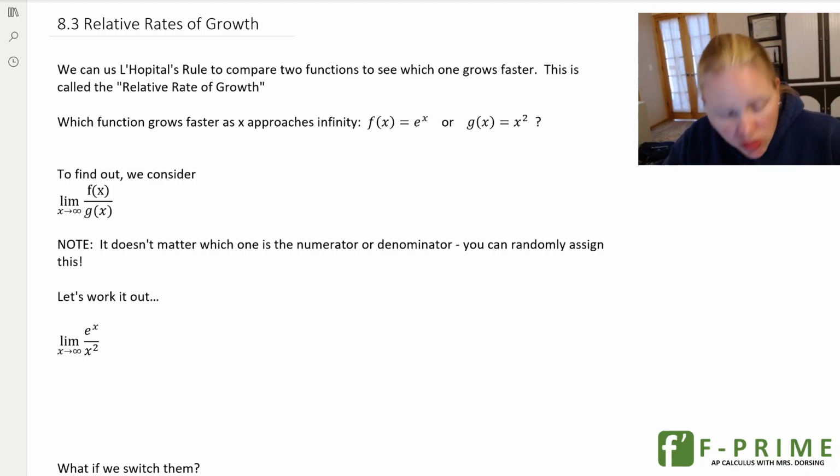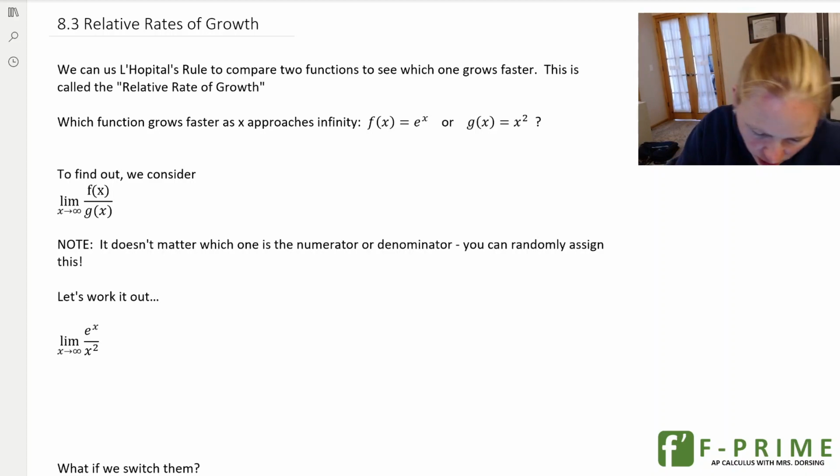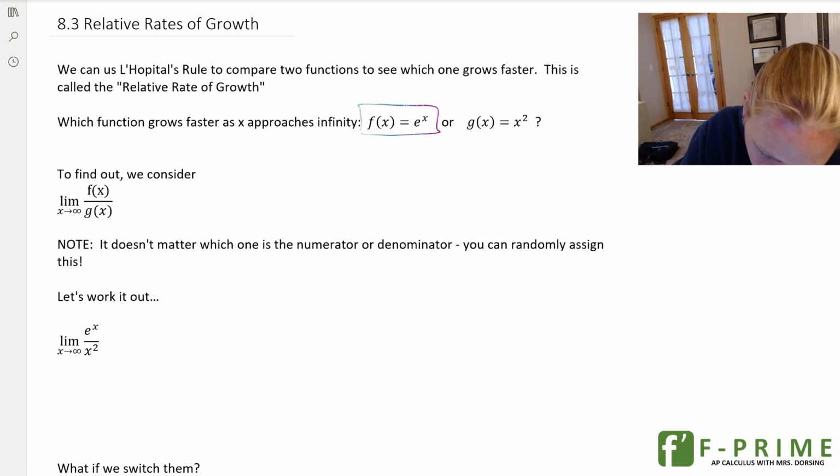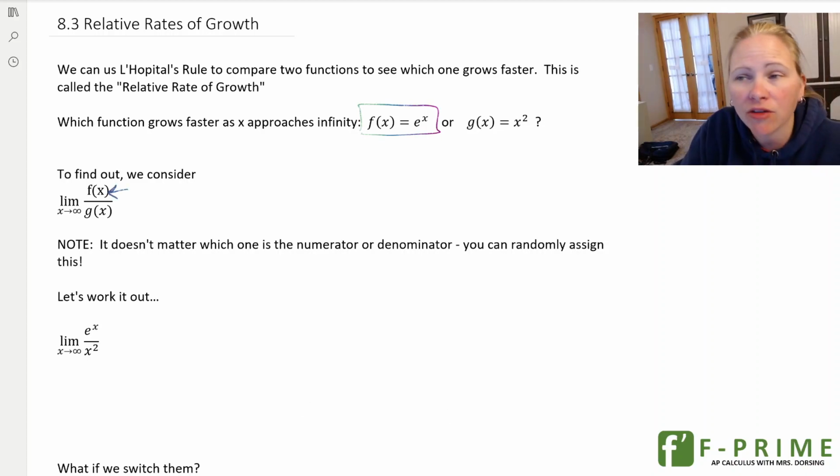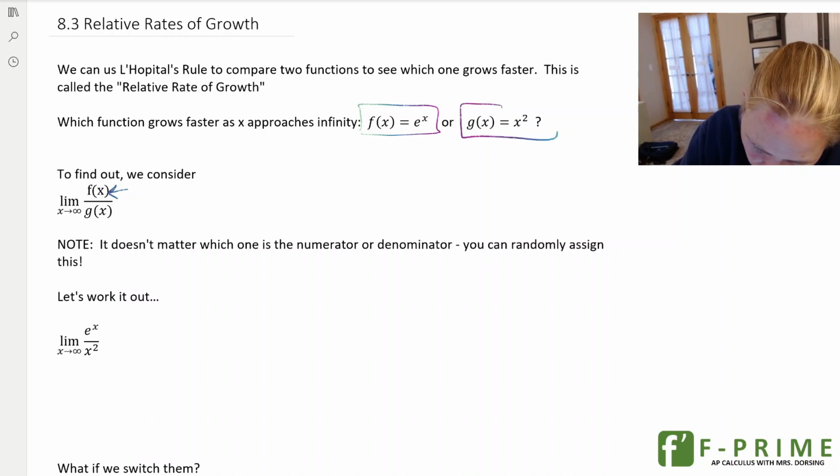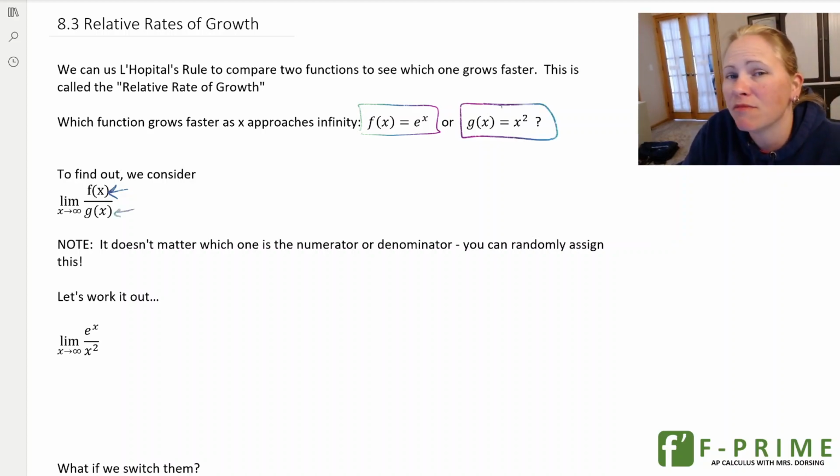So we're going to use L'Hopital's rule to compare the derivatives. If I call this function f of x, I put it right here in the numerator. If I call this function g of x, I put that in the denominator. And like I said, it really doesn't matter which one goes where.